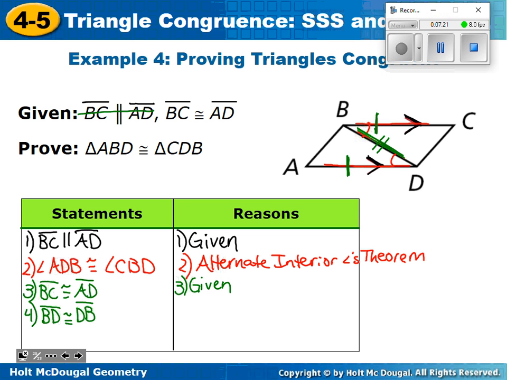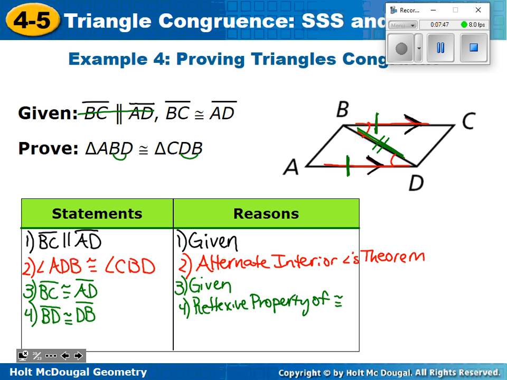If you look at the proof, what it tells you to prove, it shows you how it's supposed to be. BD should be congruent to DB. So if you're ever unsure, look at what the congruent statement is and see how it should go. Okay? And again, that was the reflexive property of congruence, right?